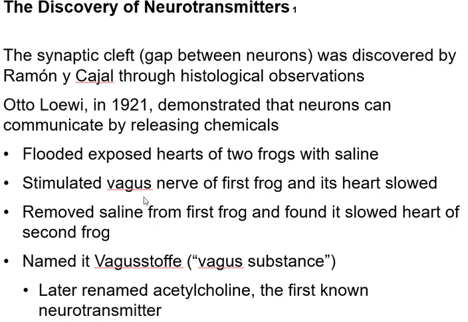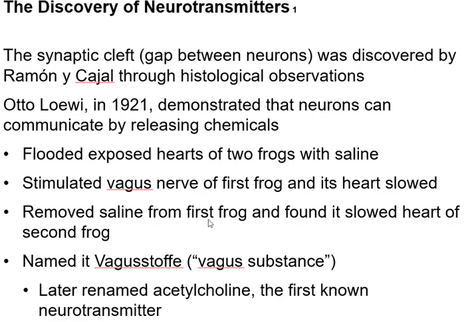And then they stimulated the vagus nerve of the first frog, and it made its heart slow. Then they took the saline away from the first frog and put it on the next frog, and it slowed the second frog's heart, even though you hadn't messed with its vagus nerve.